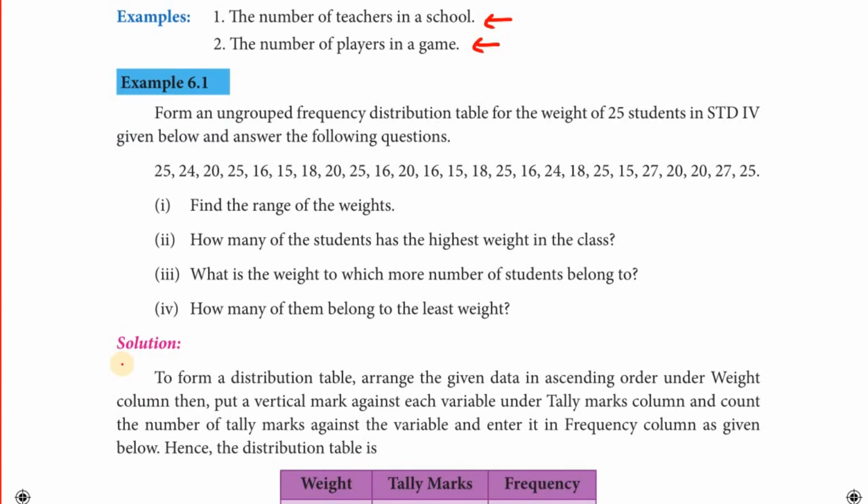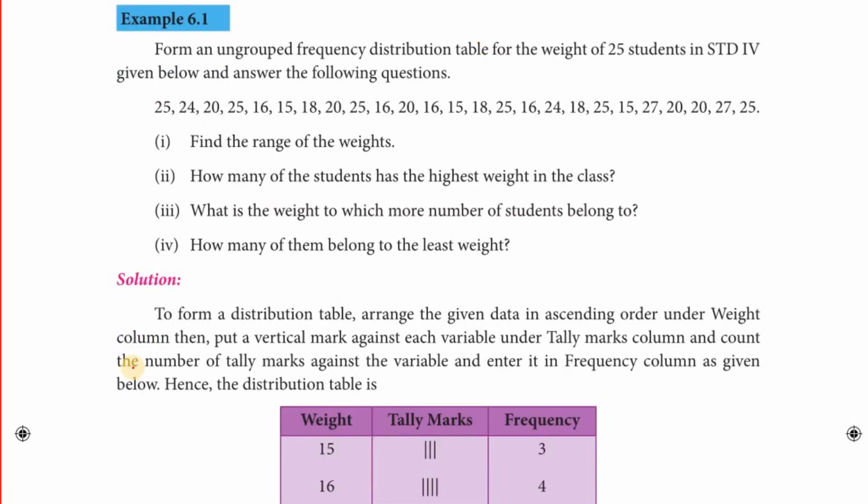Let's see an example. Okay, so form an ungrouped frequency distribution table for the weights of 25 students in standard 4 given below, and then after that do the data analysis. So this is the data, and these are the questions which will require data analysis.